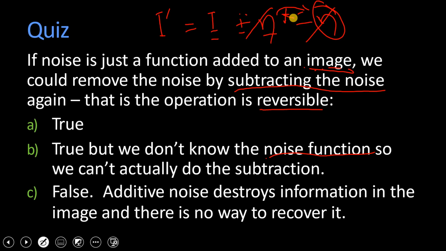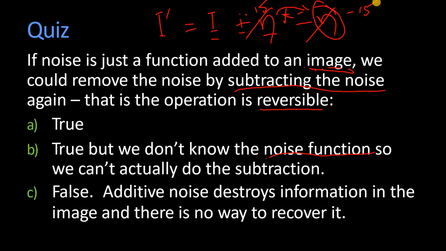For example, noise for one pixel, it is 15. It does not add 15 everywhere. It adds 15 for one random pixel. We don't know which pixel it is. So we cannot subtract 15 because we don't know which pixel was it that got the extra value.